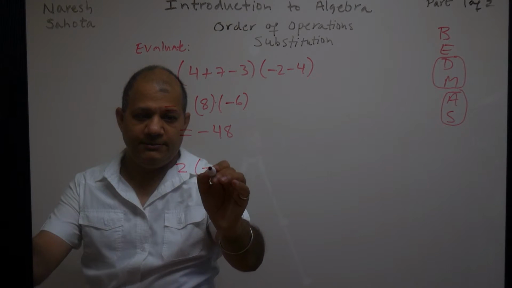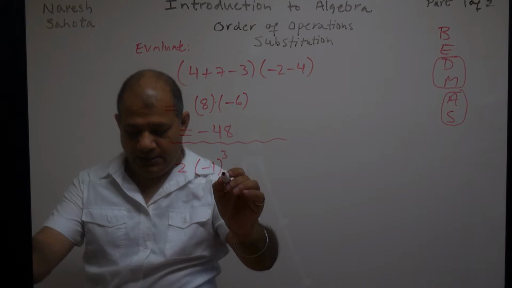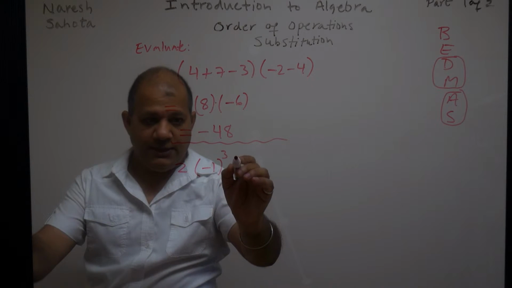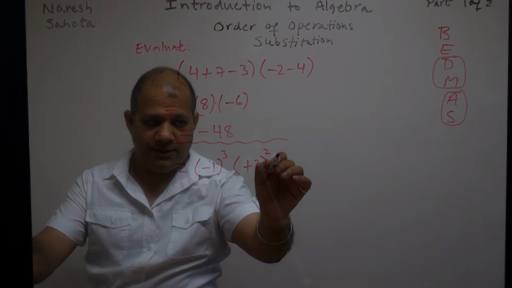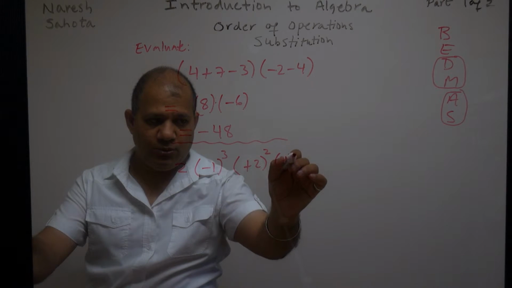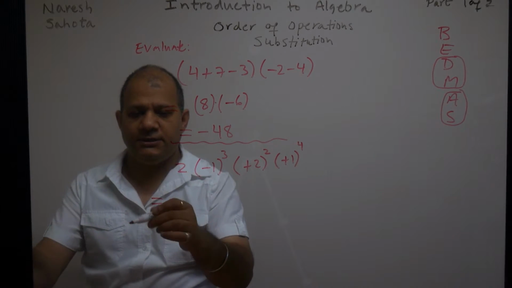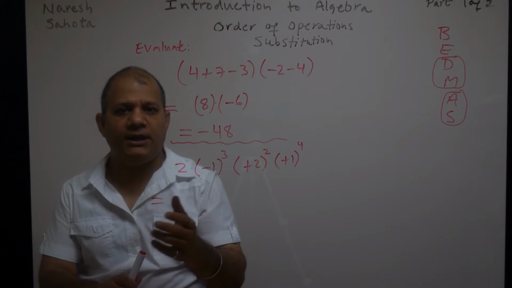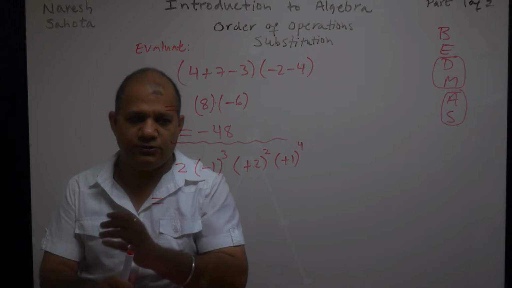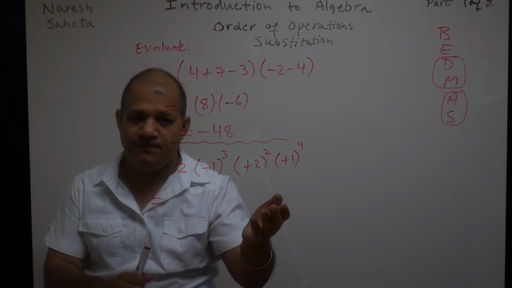So 2 times negative 1 cubed, and then we have a plus 2 that is being squared, and then we have plus 1 which is being raised to the exponent 4. So the question is to evaluate, and here now whatever we have learned in the previous tutorials, we can bring in any of that piece in these questions now, right?